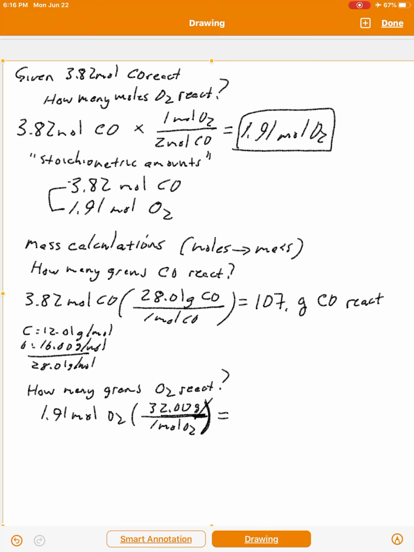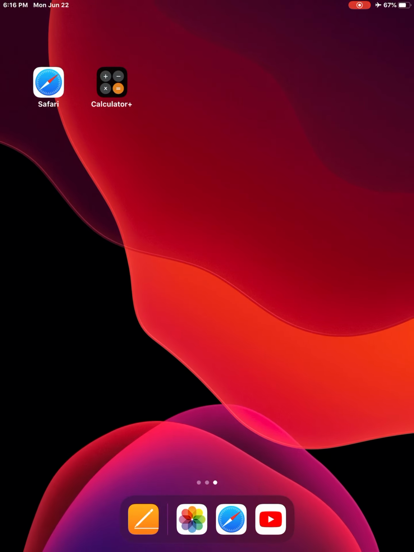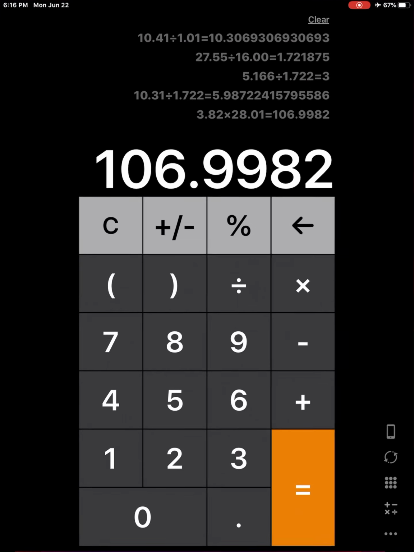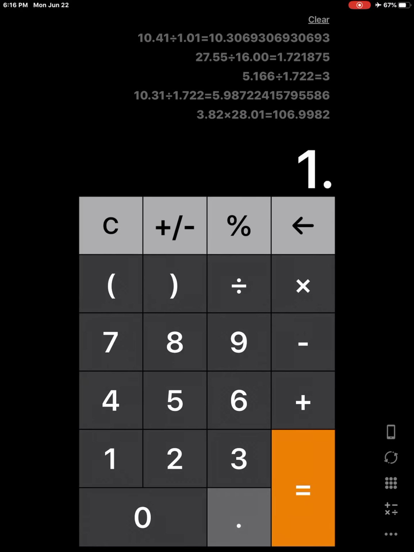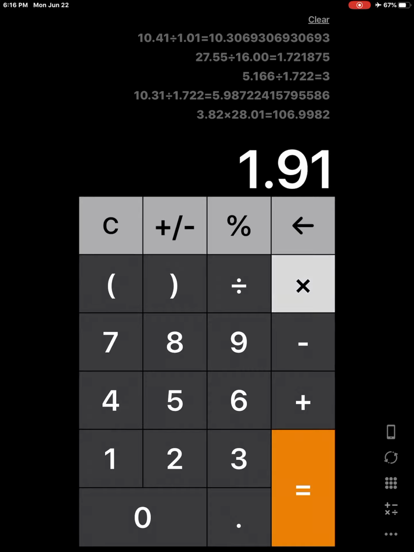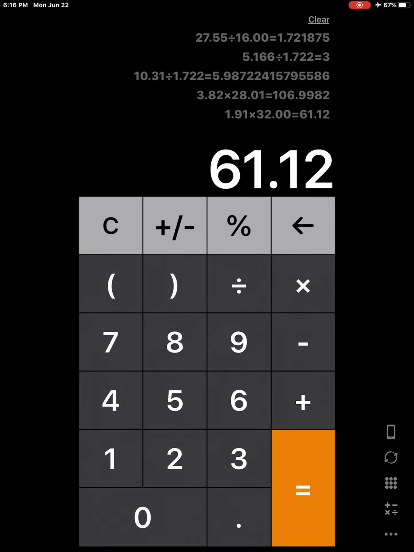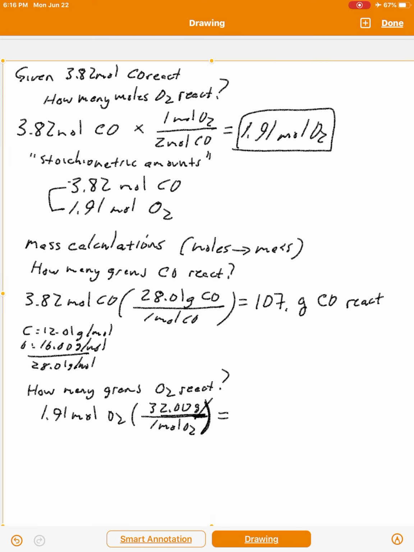How did I get 32? Oxygen is 16.00, but it's O2, so there's two of them. So 1.91 times 32 is 61.1. Okay, so there's that number.